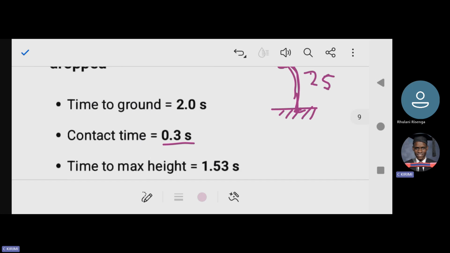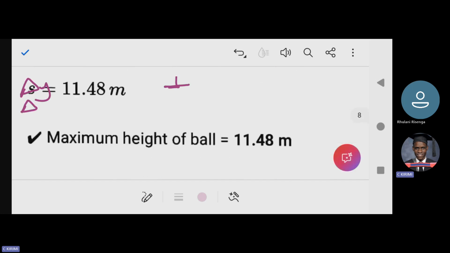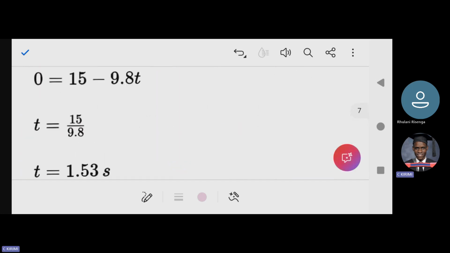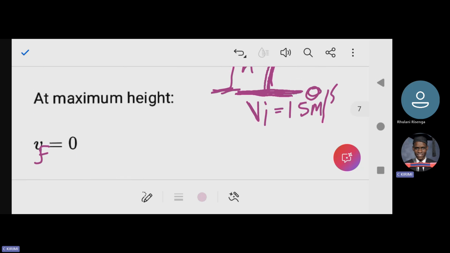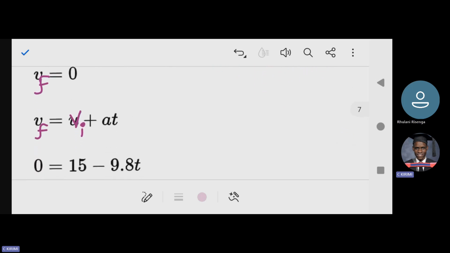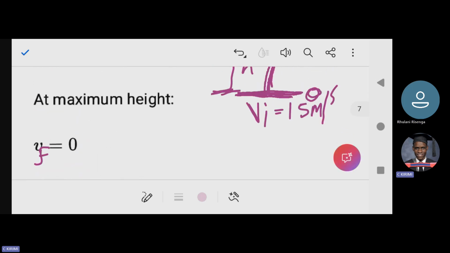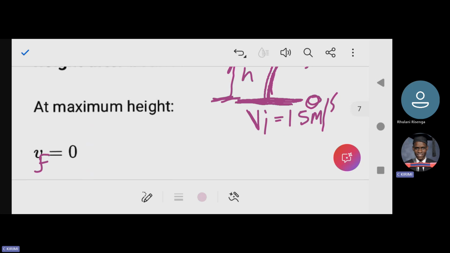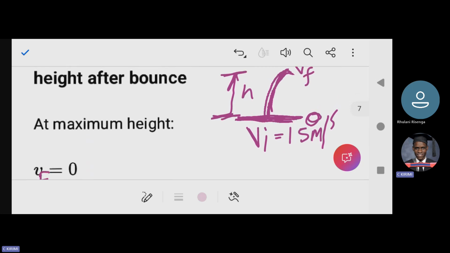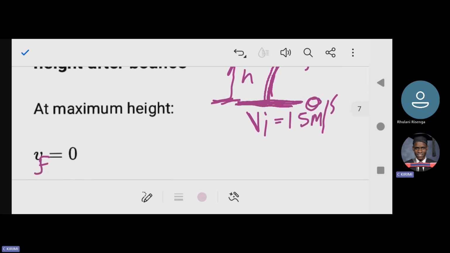Then the time taken to reach the maximum height. That's why you were asking, when we're dealing with time, which time are you talking about? We were calculating the time to reach the maximum height. How many seconds did it take from the ground to the maximum height?